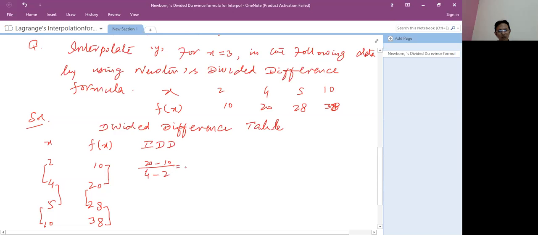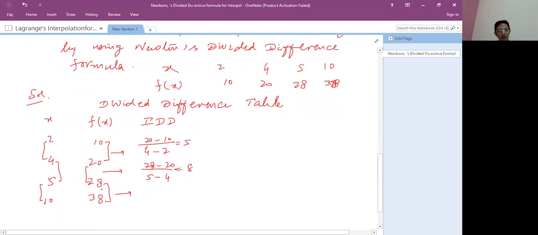The answer is 10 over 2, it means 5. Then 28 minus 20 in the numerator. Entries we write in the numerator, and the arguments are divided from this value. So it means 5 minus 4, it is 8.